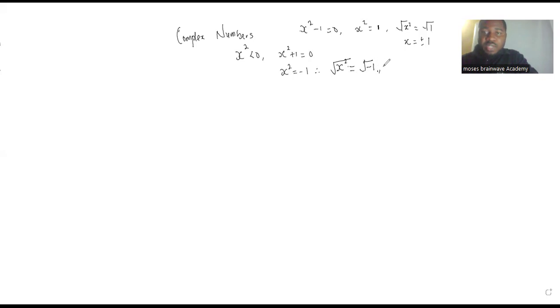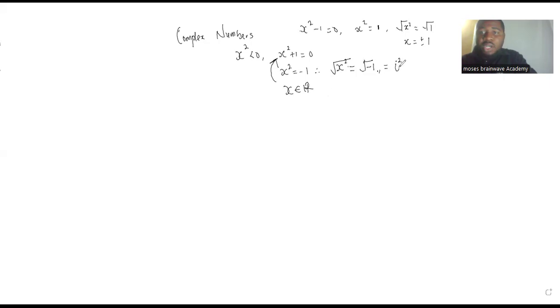The square root of negative 1 is i, where i is the imaginary part of the complex number. So x, which is an element of the real numbers, cannot satisfy this equation; you can only get solutions in the complex plane.